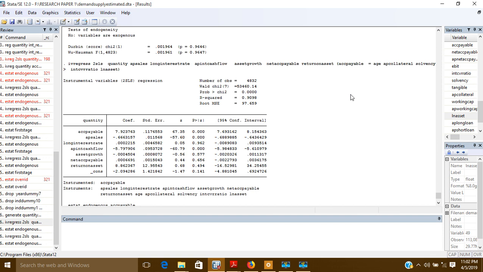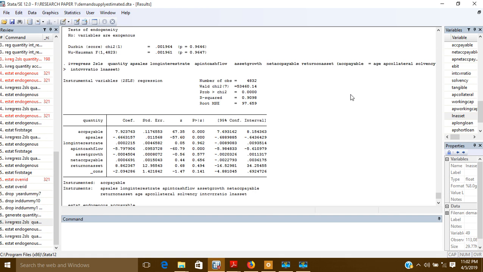But if they are not affecting the error terms, it means that it is a good instrumental variable. Instead of the endogenous variable, we are using instrumental variables, and we are using them only because we don't want the variables on the right hand side to be correlated with the error term.